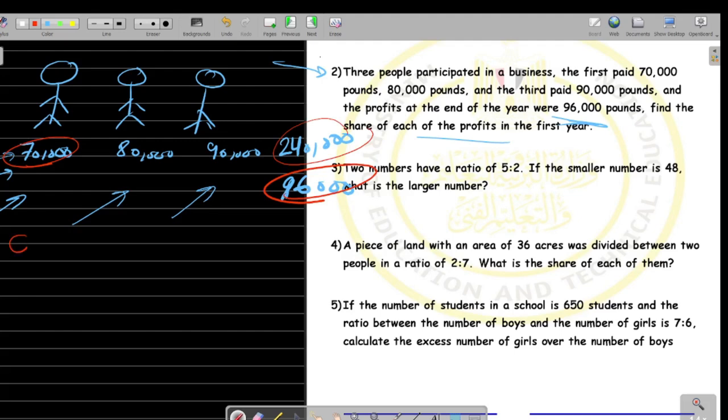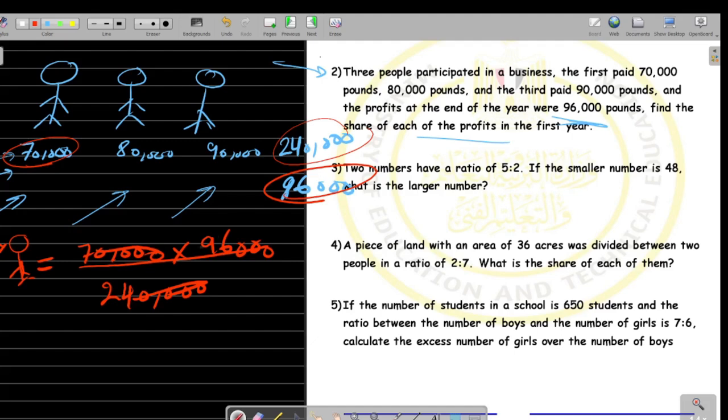So the share of the first person is 70,000 times 96,000 divided by 240,000. Now cancel 4 zeros with these 4 zeros.